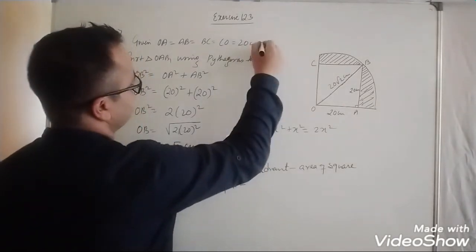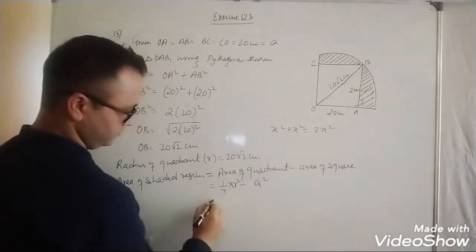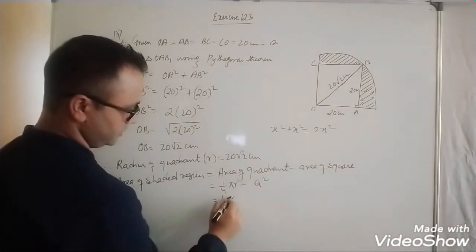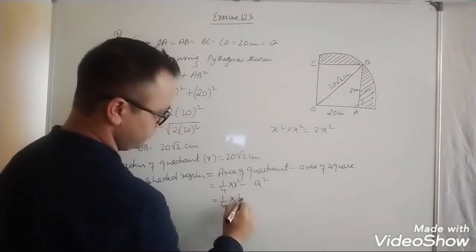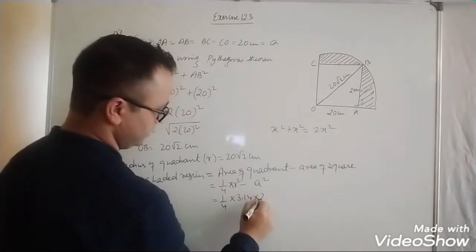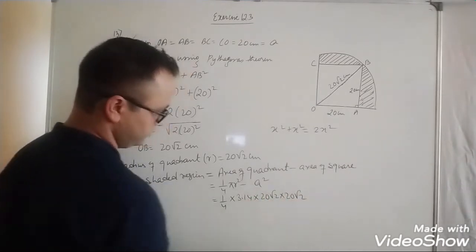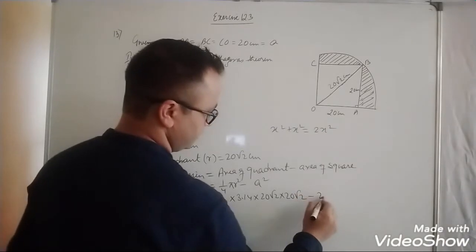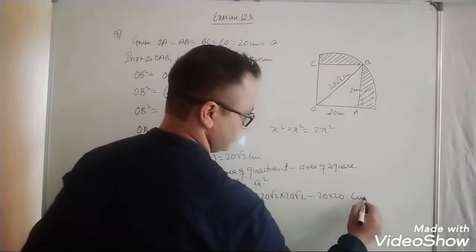So 1/4 into 3.14 into 20 root 2 into 20 root 2, minus 20 into 20 centimeter square.